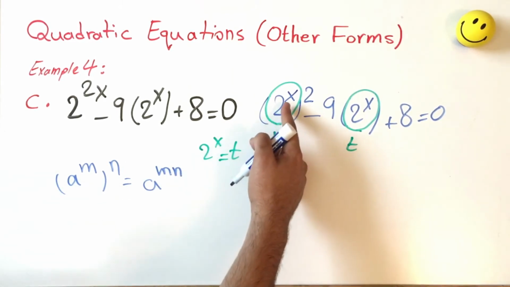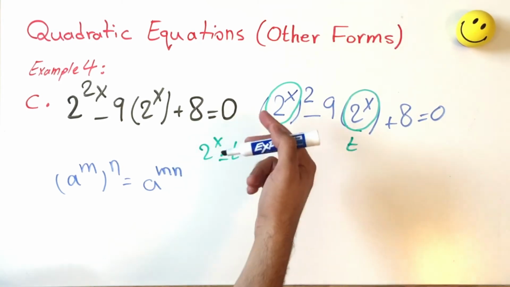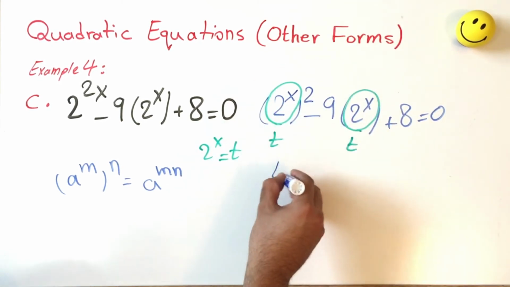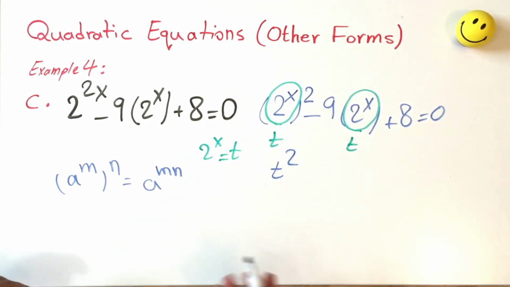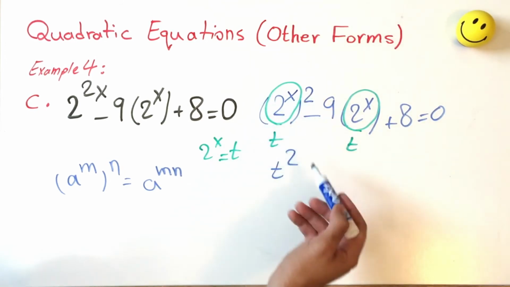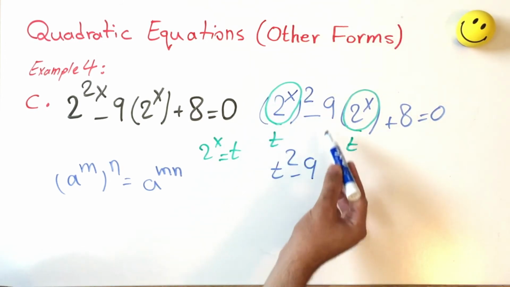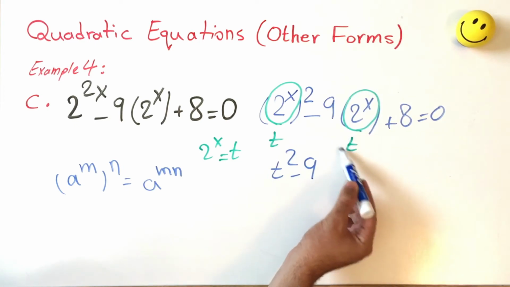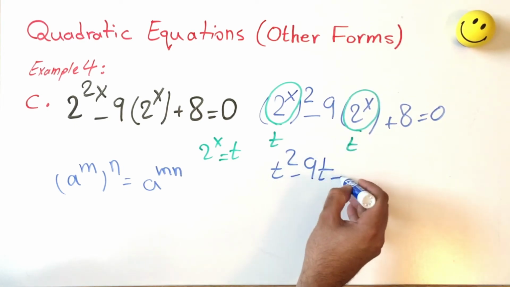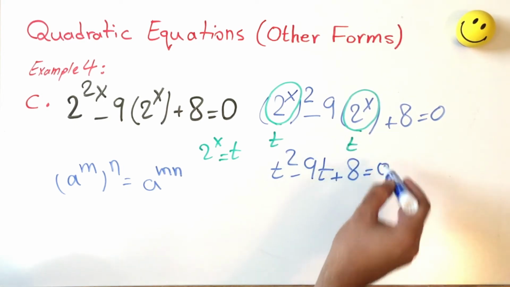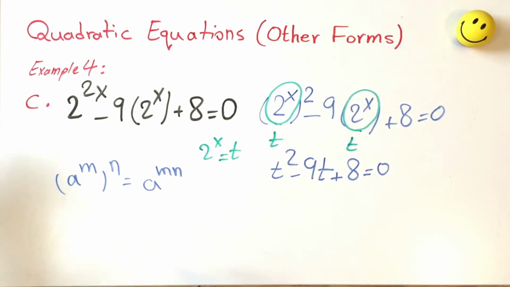So instead of 2 to the power of x to the power of 2, I'm gonna write t to the power of 2. Right? Does it make sense? t to the power of 2 minus 9, instead of this big thing, I'm gonna just write t, plus 8 equals to 0. Okay, this is a normal quadratic equation, and we can solve it easily.